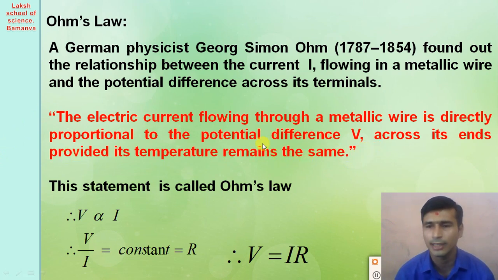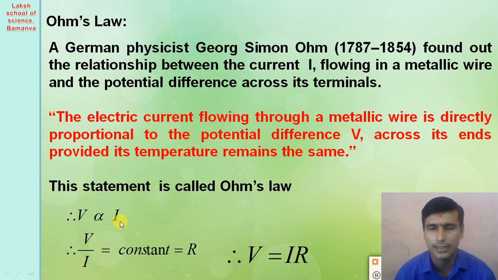So to derive the mathematical form of Ohm's law, potential difference is represented by V and electric current is represented by I. According to the previous activity, V is directly proportional to I. So according to Ohm's law, potential difference between the two ends of the conductor V is proportional to I. We can write it like this: V is proportional to I.